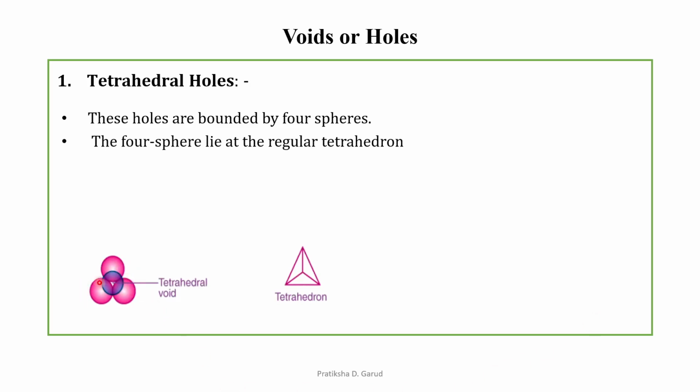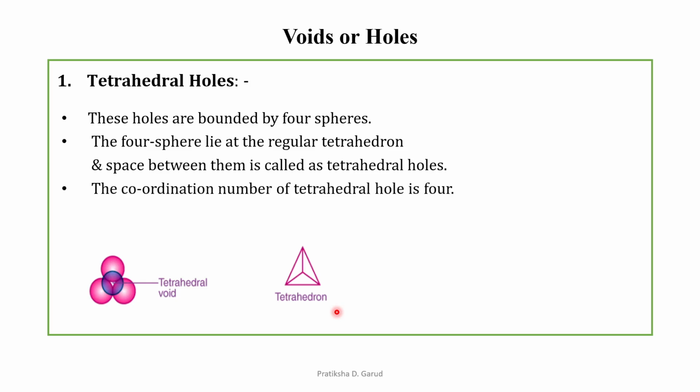These are the 4 spheres. On the lower side we have 3 spheres, that is the first layer, and on that we put the second layer. The space between these 4 is called the tetrahedral void, and hence it forms a tetrahedron, and the space between them is called the tetrahedral hole.